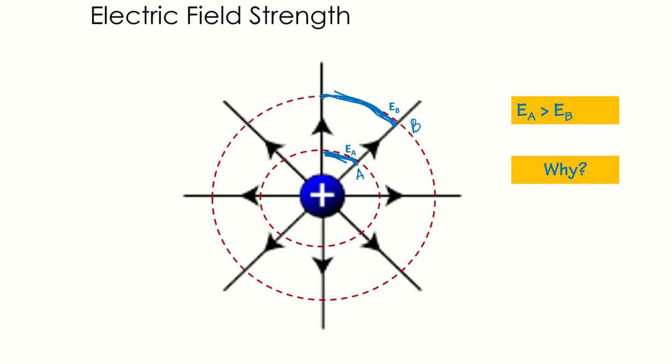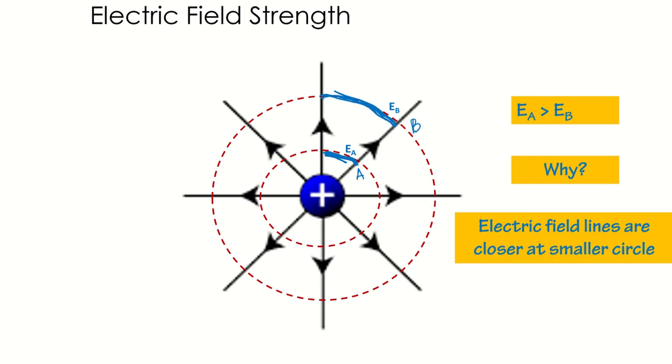So the density of the field lines defines the strength of the field. Therefore, the closer the electric field lines, the stronger the electric field and the stronger the electric force will be. So we define the strength of the field with the help of the density of the electric field lines at that place.